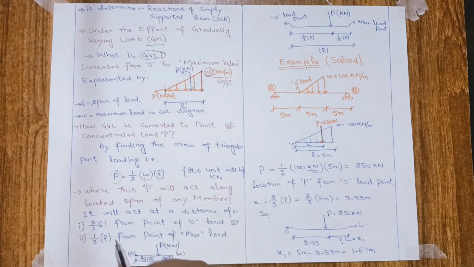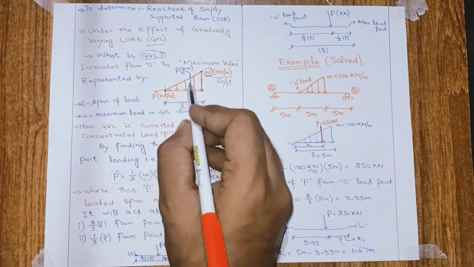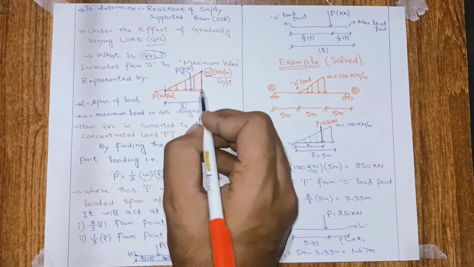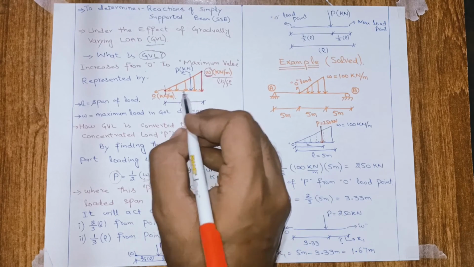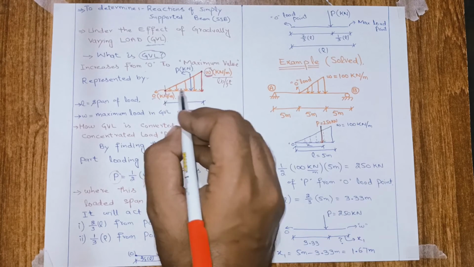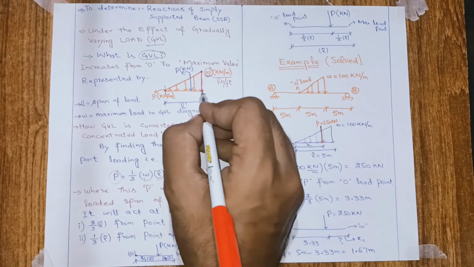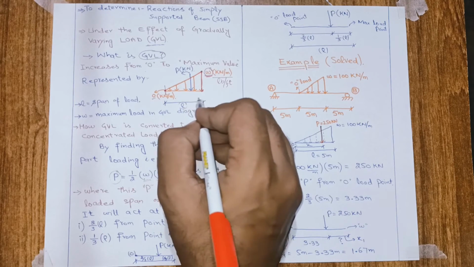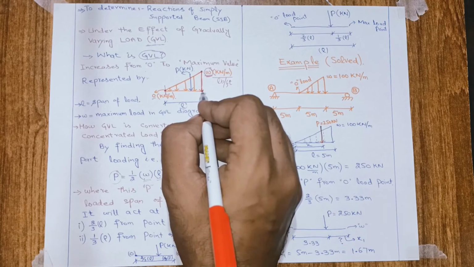The answer is very simple: this point load converted from the GVL will act at a distance of 2/3L from the zero load point, and 1/3L, 1/3 of the span length of the load, from the maximum load point.